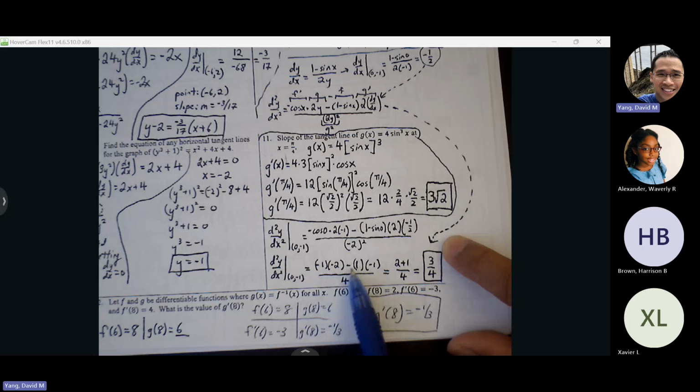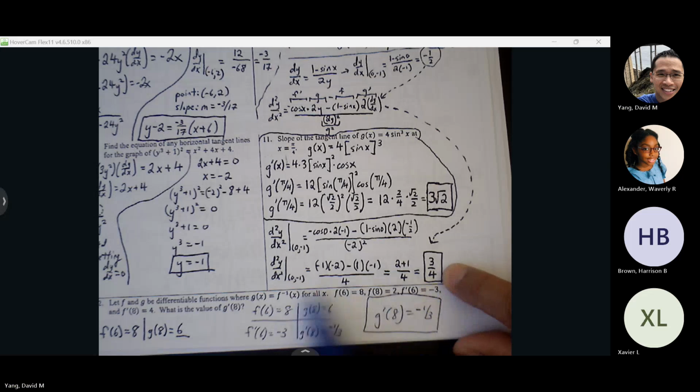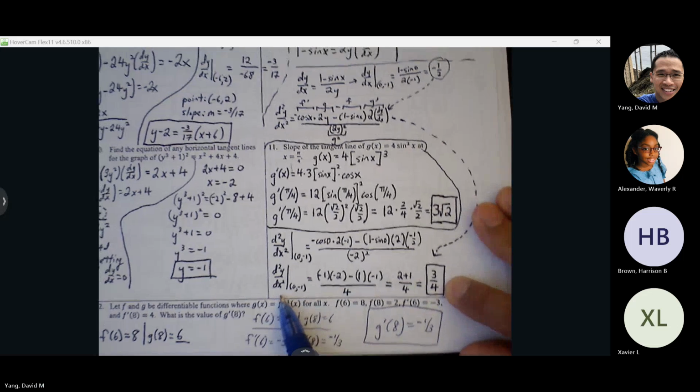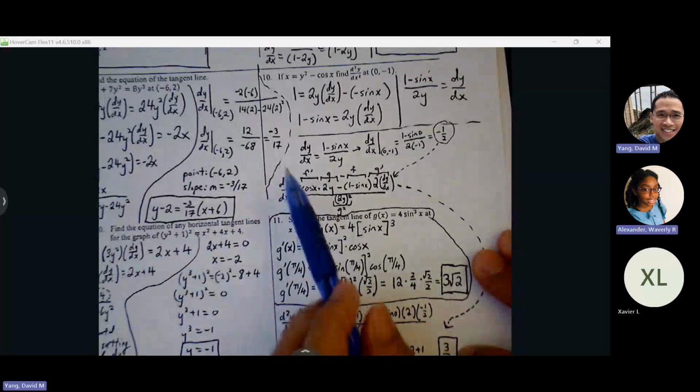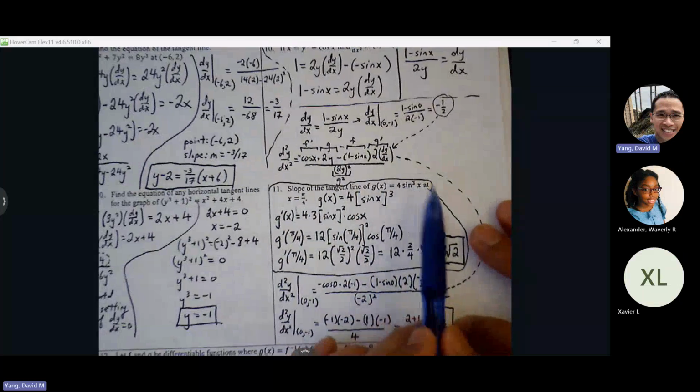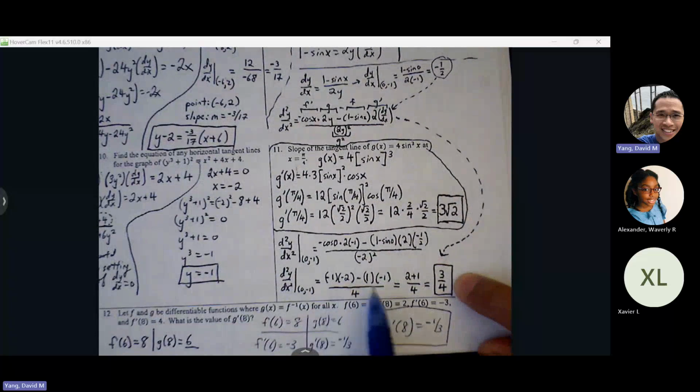So 2 plus 1 is 3. 3 over 4 is 3/4. I kind of moved around here. I ran out of room, so I used the bottom of the page of problem 11 to finish my number 10.